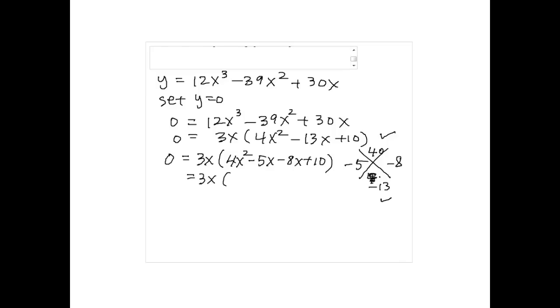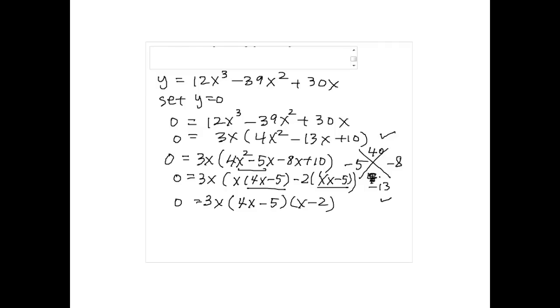And by grouping, we have x times 4x minus 5 minus 2 times 4x minus 5. Since we have the same factors, we can take that out and get 4x minus 5 times x minus 2 equals 0.